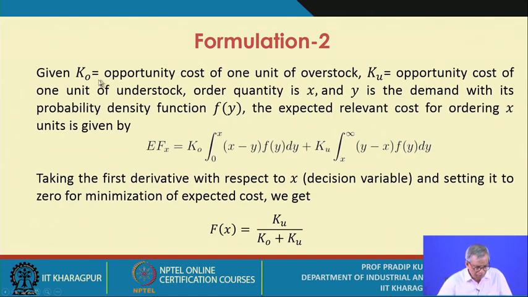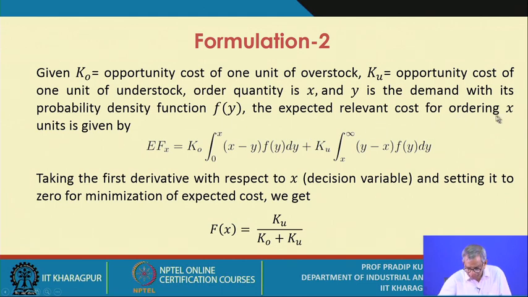This is the next formulation. Given Ko, the opportunity cost of 1 unit of overstock, and Ku, the opportunity cost of 1 unit of understock. As we already explained, the entire problem can be explained in terms of the opportunity cost also. Order quantity is x and y is the demand with its probability density function f(y), like in the previous case.